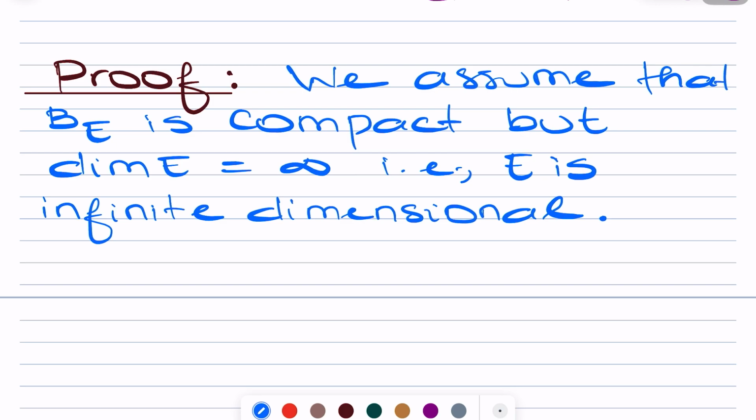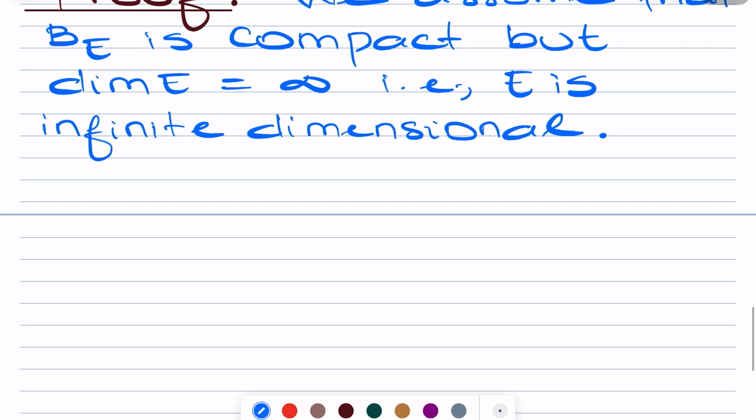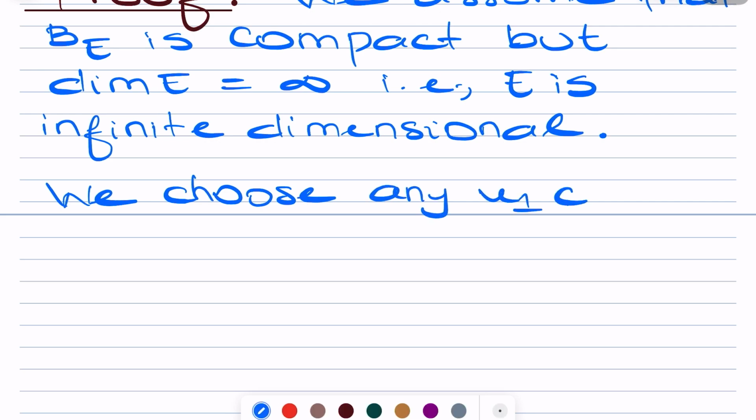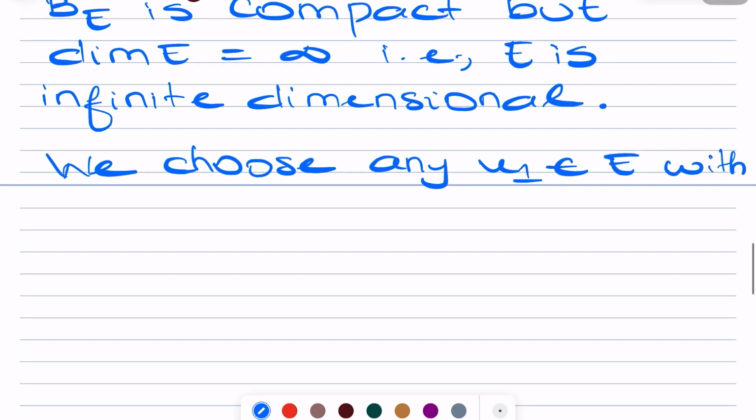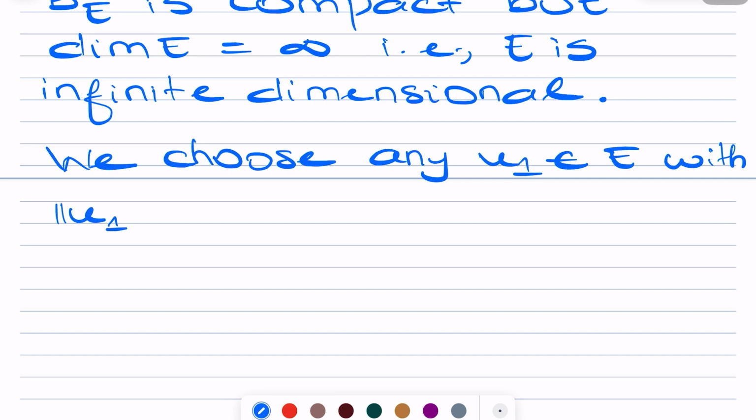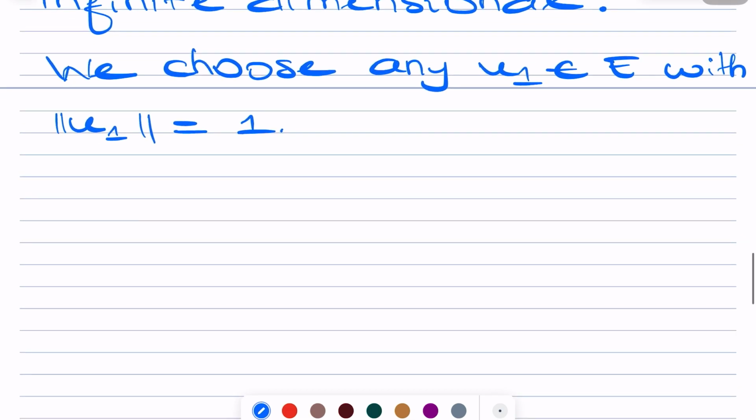Okay, so we start by choosing u1. We choose any u1 in E with norm of u1 equals 1. Now, this is possible because E is infinite dimensional.